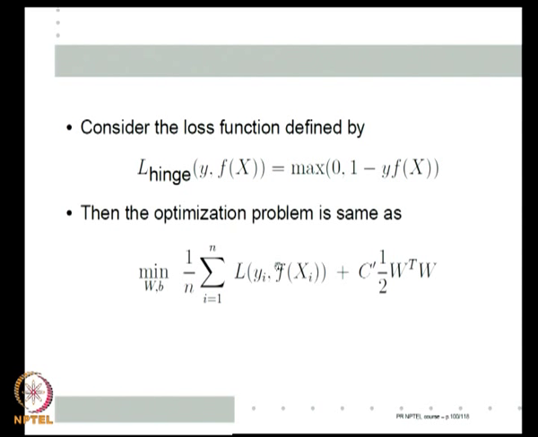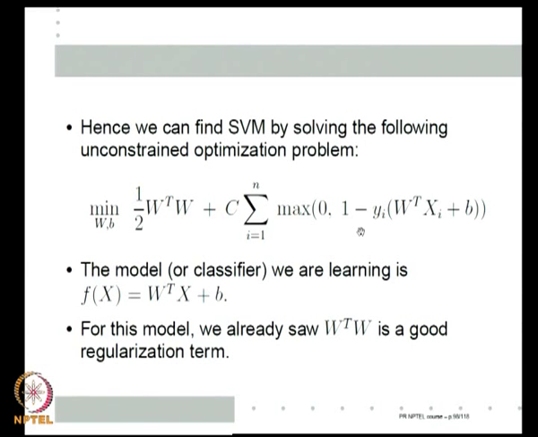So, with respect to hinge loss, if I want to do regularized risk minimization, what should I do? Minimize over W, b of 1 by n, because of the empirical risk, summation i equals 1 to n L of y_i comma f(x_i), plus some constant times half W transpose W, because that is the regularization term. L of y_i comma f(x_i) is nothing but max of 0 comma 1 minus y_i f(x_i). That is what I have here, right.